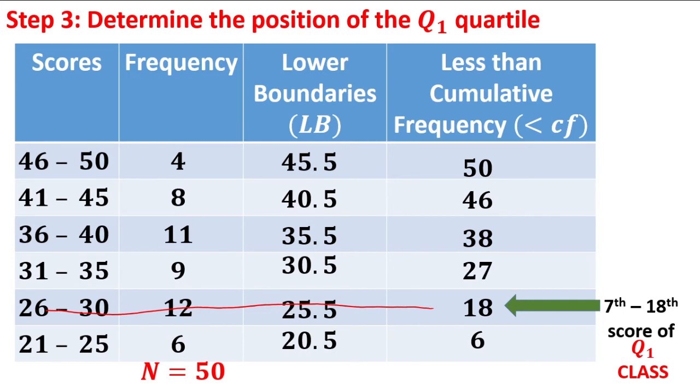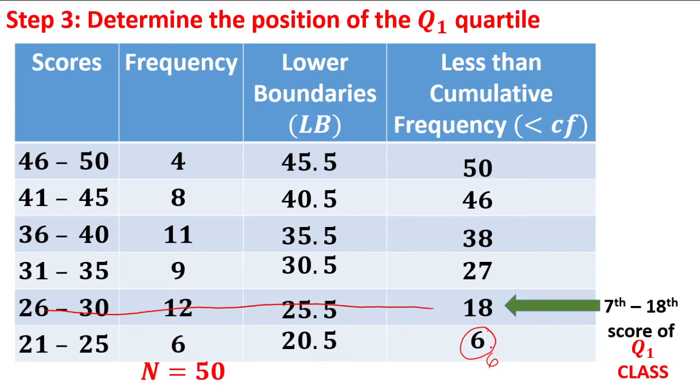Okay? Ma'am, how do I know that? Simple. Our last cumulative frequency is 6. Right? Okay. Where will you find the scores 7, 8, 9, 10, 11, 12, 13, 14, 15, 16, 17?